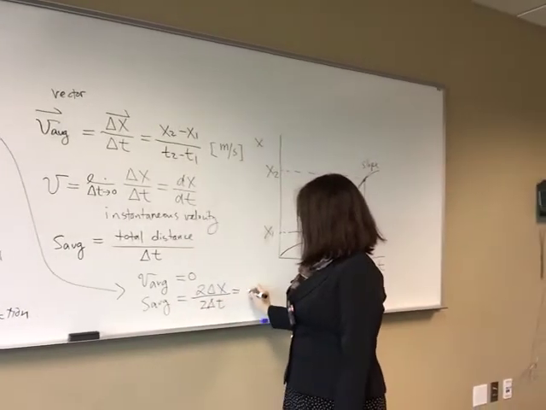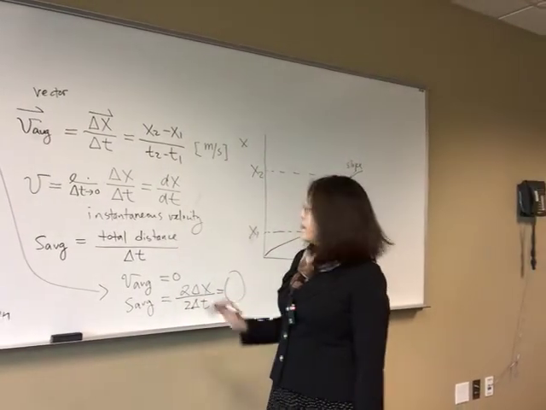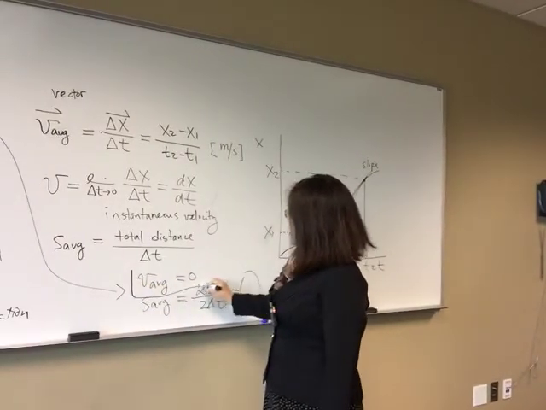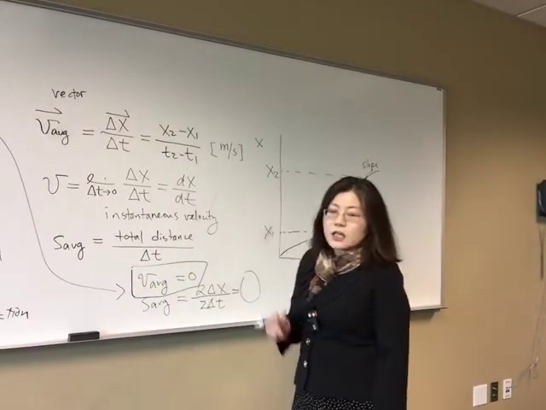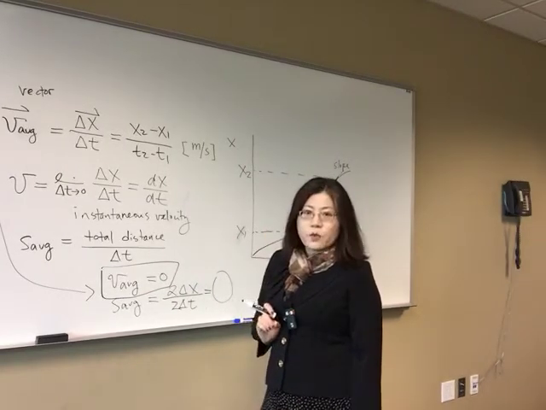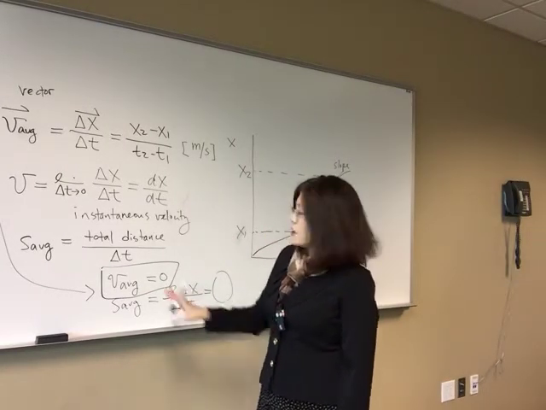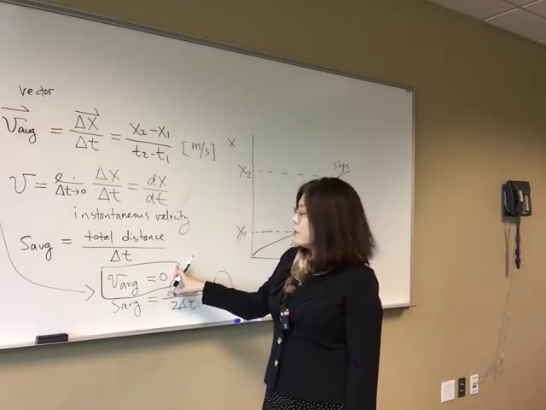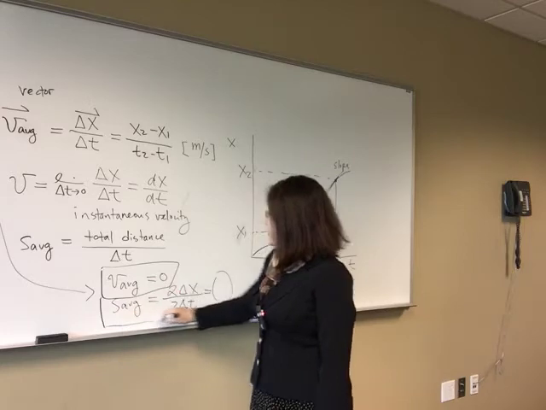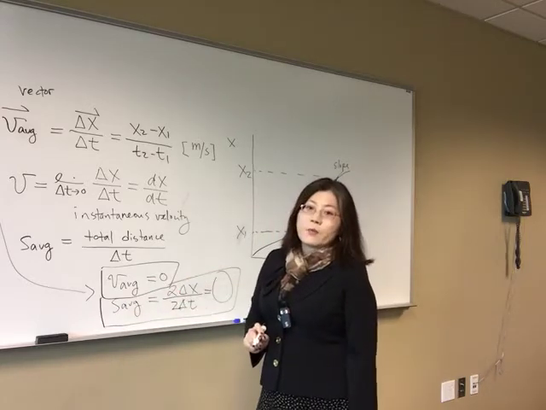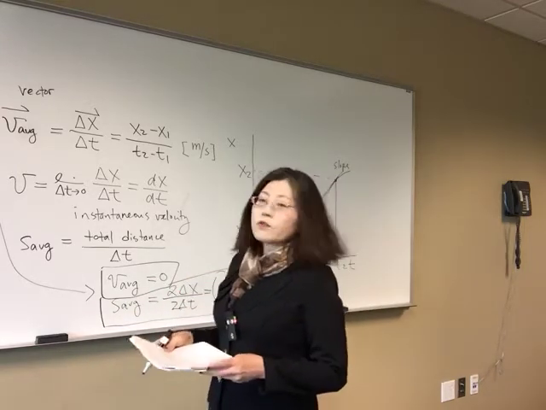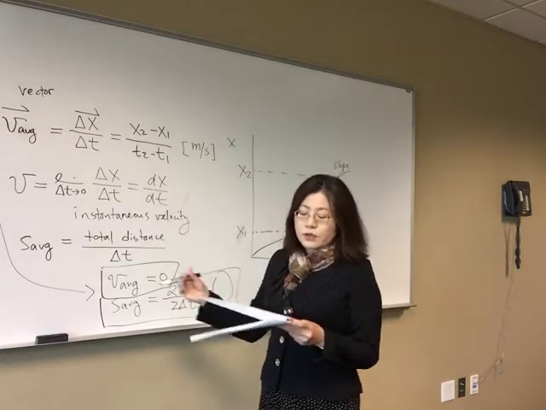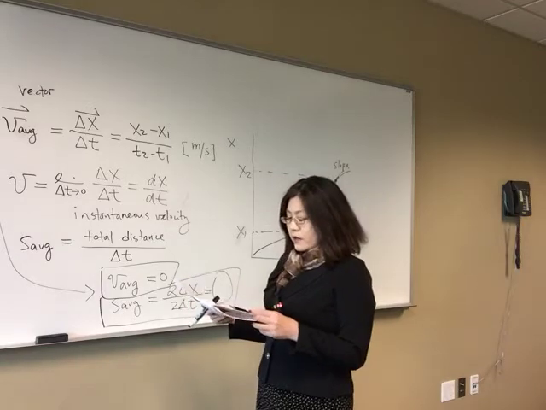So you can see that this basically illustrates that velocity is a vector, and a vector comes with a magnitude and direction. When direction is considered, you might get a 0 value for the average velocity, while at the same time the average speed may not be 0. Actually, the average speed is non-zero because you always have a non-zero total distance traveled by the object.